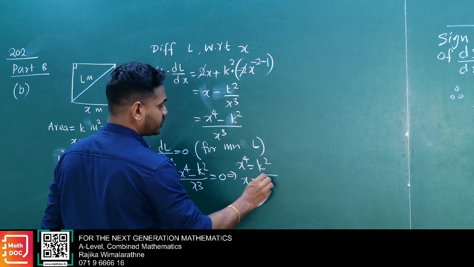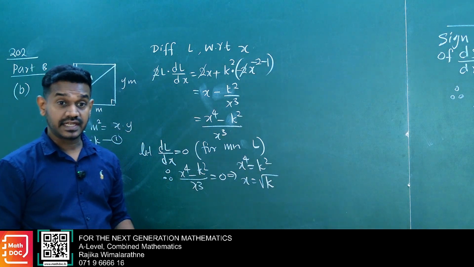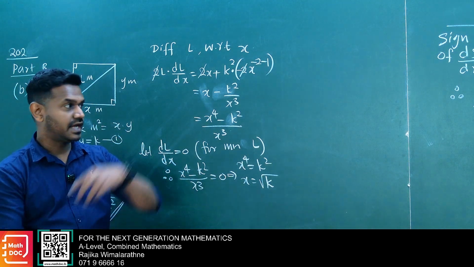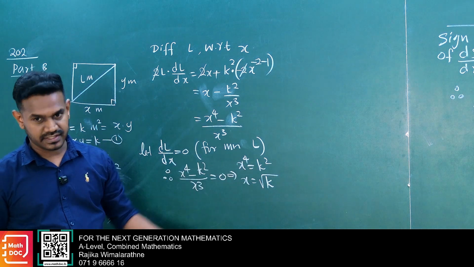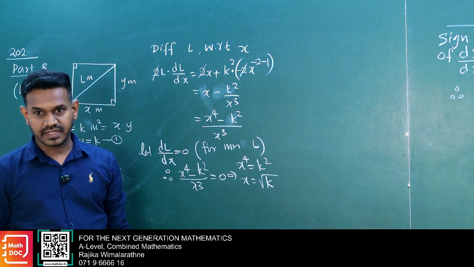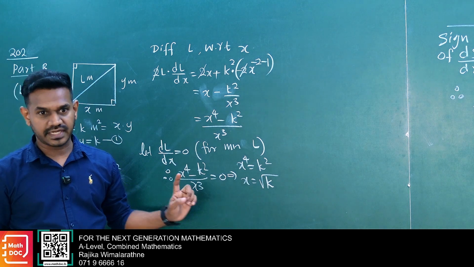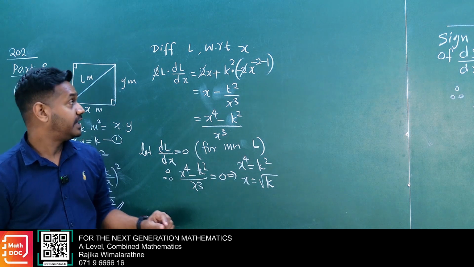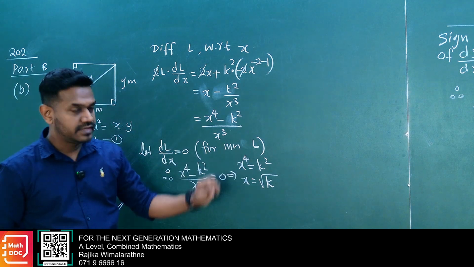No need to put plus or minus here because this is a real application, and in a real application the x value is always positive. We can directly write x equals root k because x means length, and length is always positive.